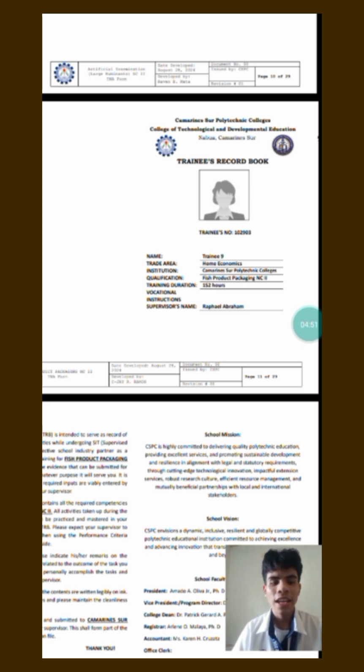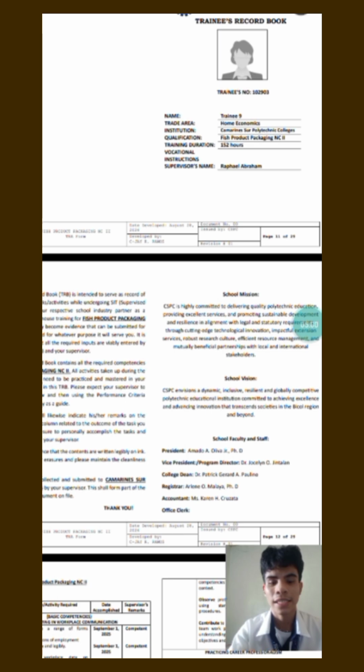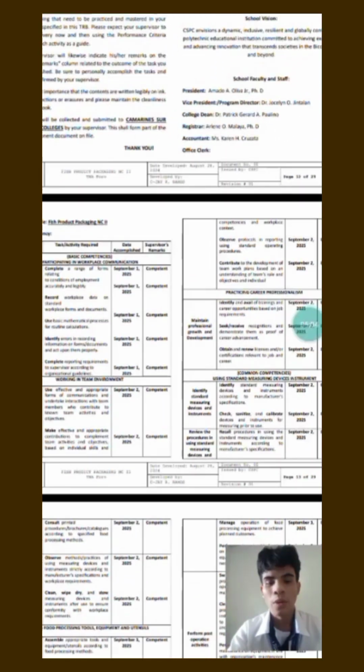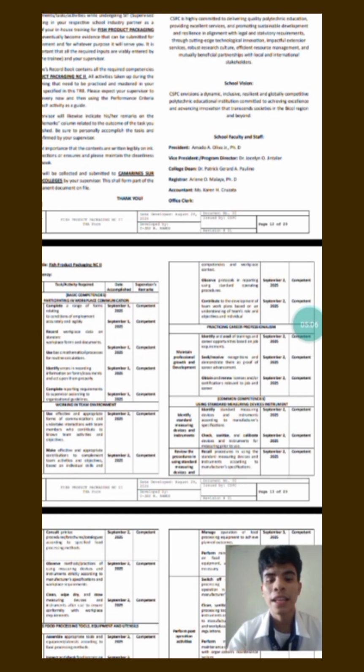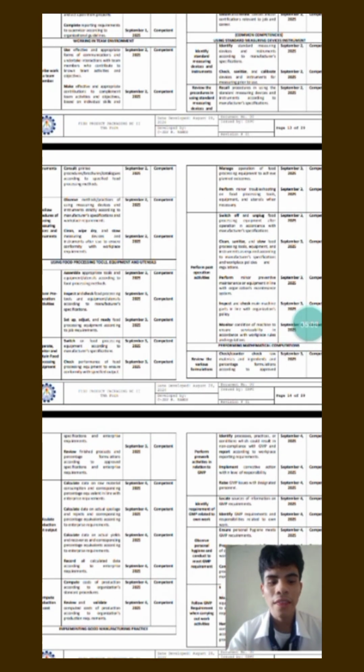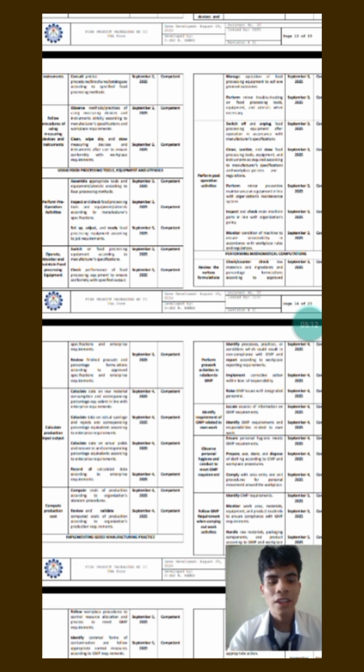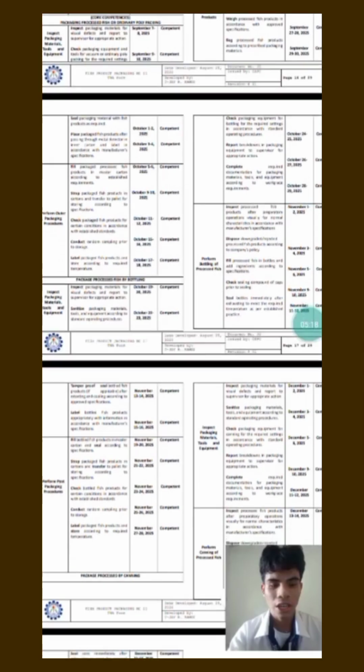The trainee's record book shows the activities, attendance, and performance of each trainee during the training process. These records will be handled by the trainer, who ensures that the trainee has all the necessary requirements to complete this qualification.